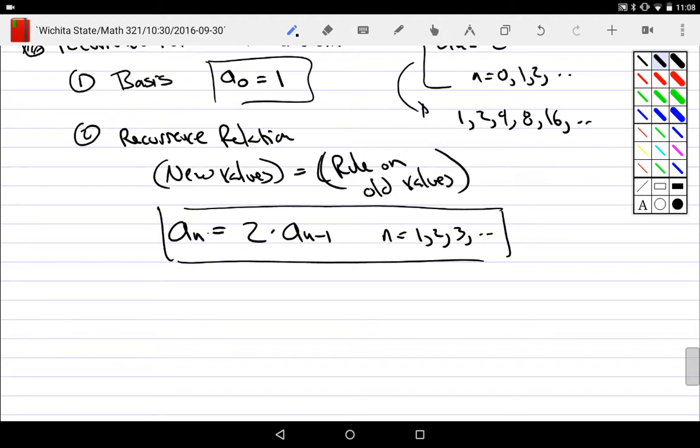How do recurrence relations work? You have your first number, 1, and then you look at the rule. What does the rule say? a sub n is twice a sub n minus 1. Well, what's a sub n minus 1? It's the guy in front of a sub n, right? If this is a0, then that would be a1. That means a1 is twice a0. What's twice that? 2. What's a2?